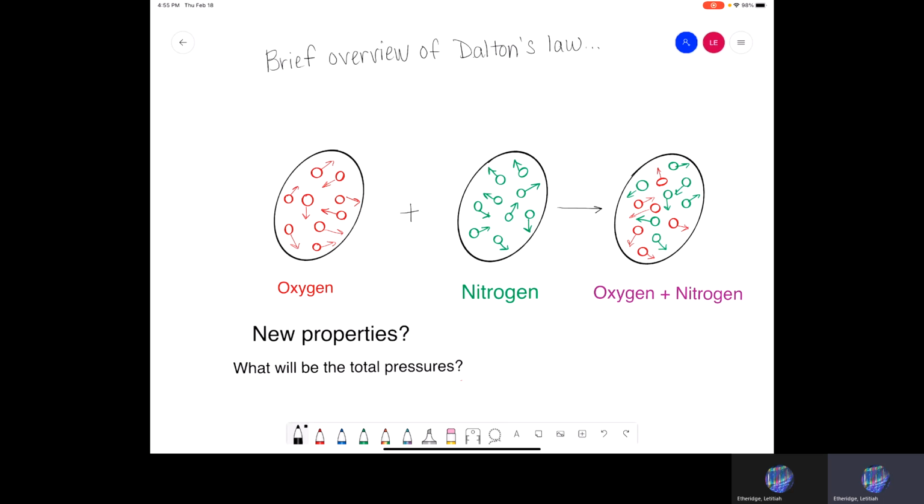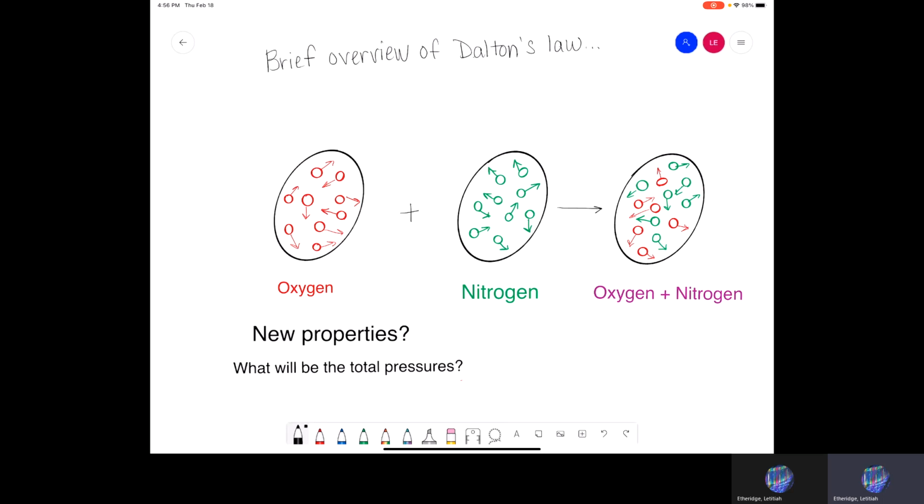Just in recap, we have oxygen that exerts a certain amount of pressure depending on how often it hits the sides of the container. That would be the pressure of oxygen. Then we have nitrogen that is going to hit the sides of the container at a certain rate. That is going to be the pressure of nitrogen. When I put them together, to find the total pressure I have to add up the pressure of oxygen plus the pressure of nitrogen to get the total pressure of the system.